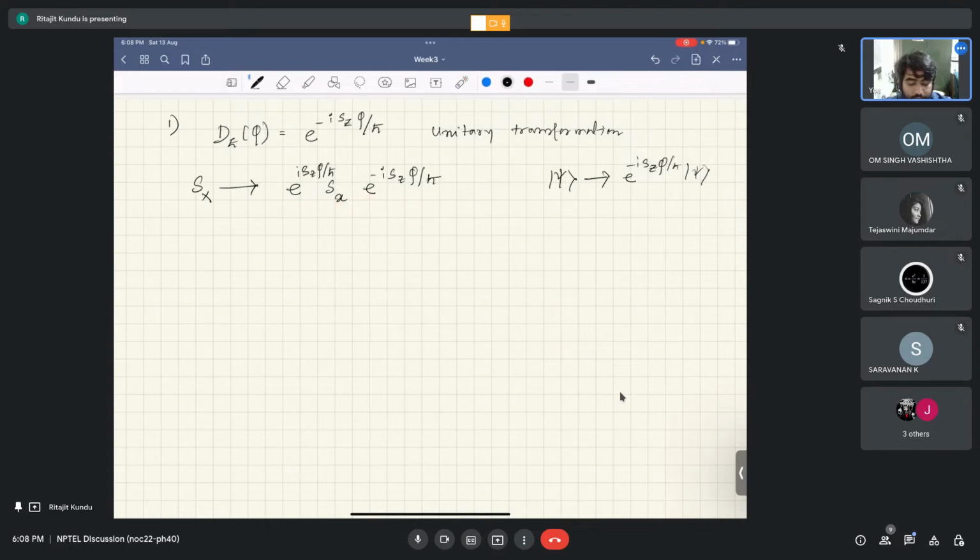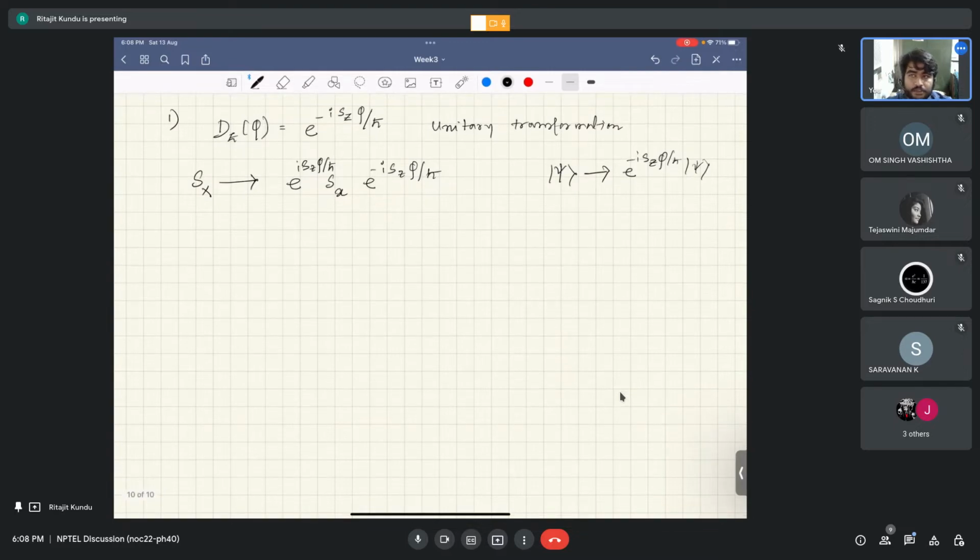There are basically two methods. First of all, let's consider the form of these S matrices. Let's consider that we are talking about spin half. Then Sx has this particular structure: Sx is written as h bar by 2 times plus-minus plus minus-plus.